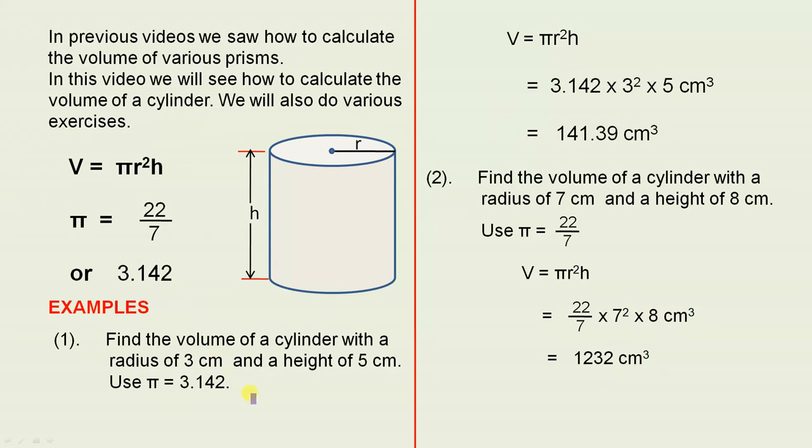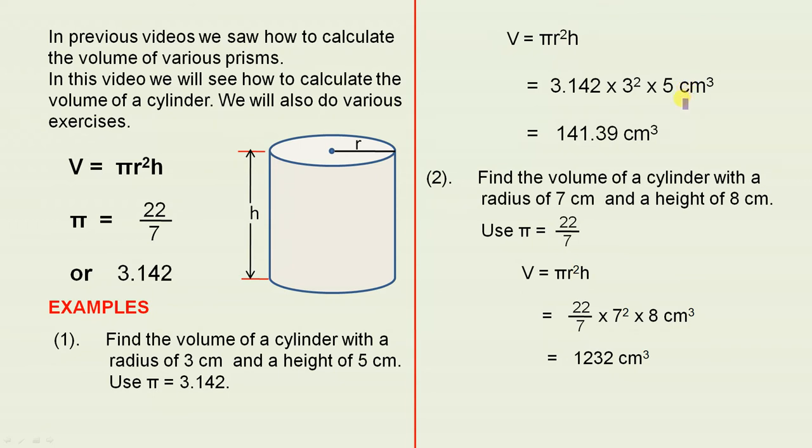Find the volume of a cylinder with a radius of 3 centimeters and a height of 5 centimeters. Use pi equals 3.142. So here is the formula we saw earlier, pi r squared h. So there's pi. There is r squared, because the radius is 3 centimeters, and that's the height of 5 centimeters.